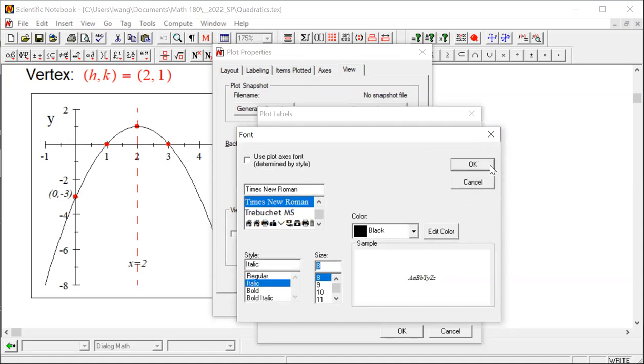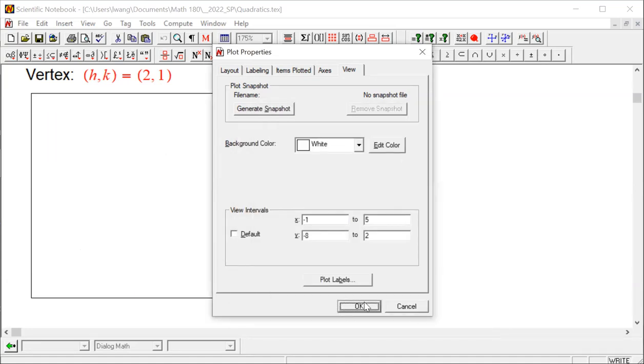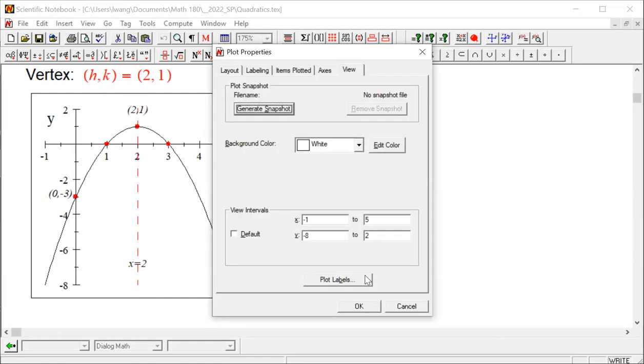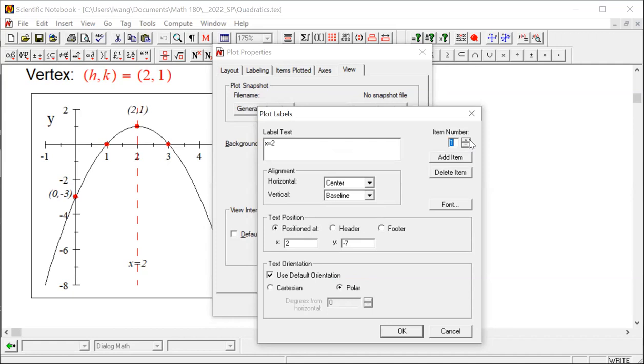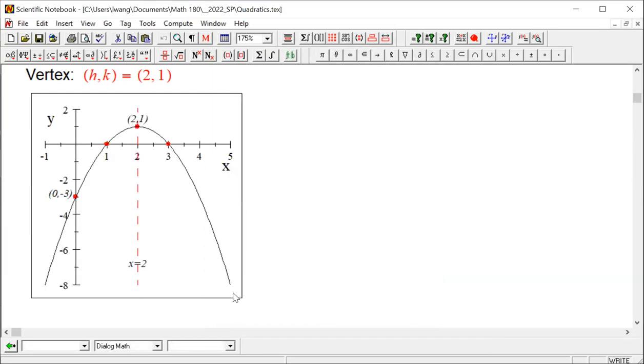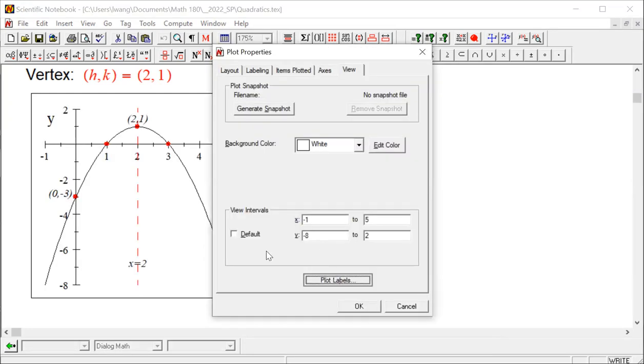The vertex is marked. It's a little too high. How about that? 2, 1, right? And the x-intercepts.